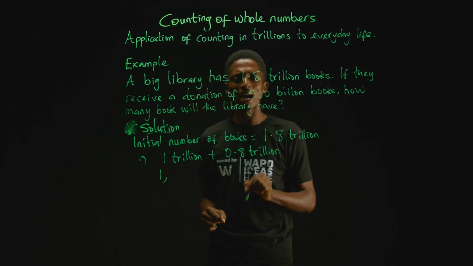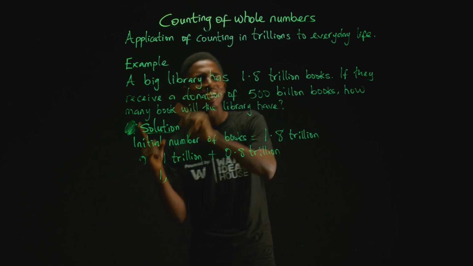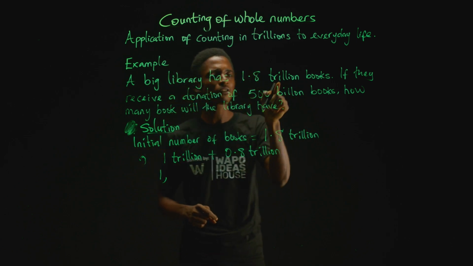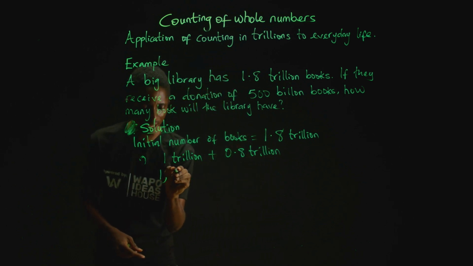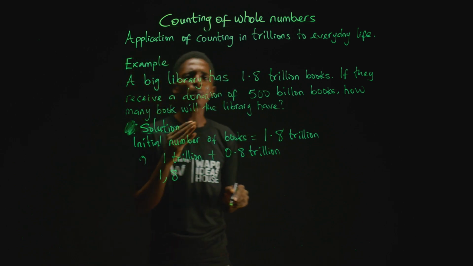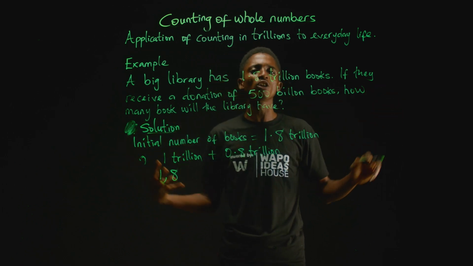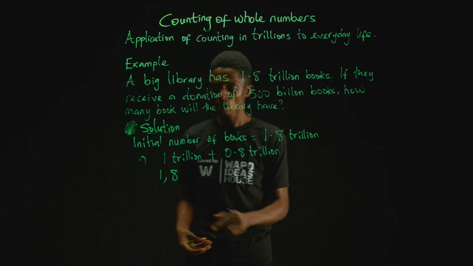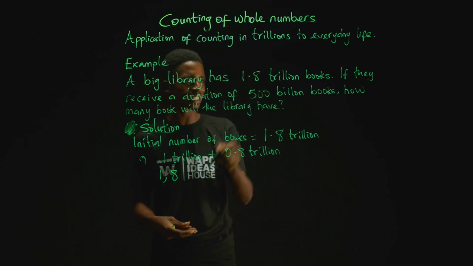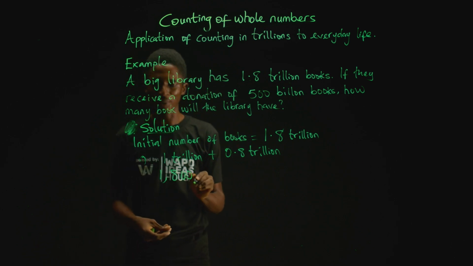The next number which comes after this decimal point will fall in the next place value. And after trillion, we have what? Billion. So we have 8. But they are always grouped in 3. And since there are no other numbers to work with, we fill the space with zeros. So instead of having just 8 in the billion category, it will be 800 billion.